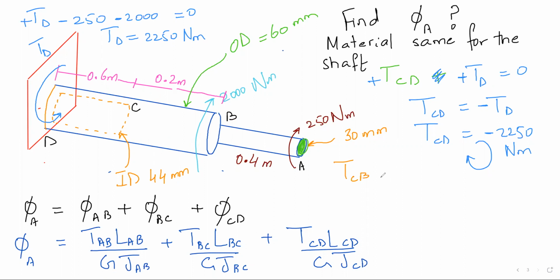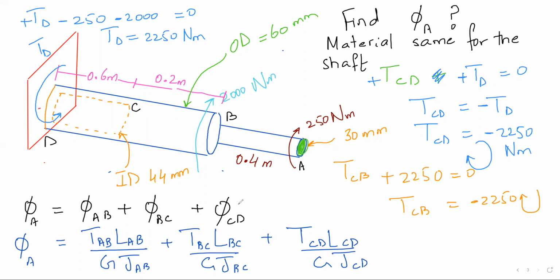Anyone who can tell us what T_CB is? Anyone who did T_CB? It's the same thing, because you cut from here, you throw this away, and again you get the same thing. So T_CB plus T_D equal to zero. Good, thank you. T_CB equals negative 2250, again clockwise.